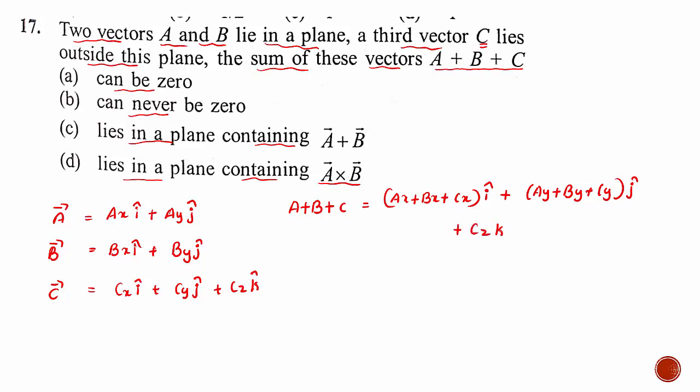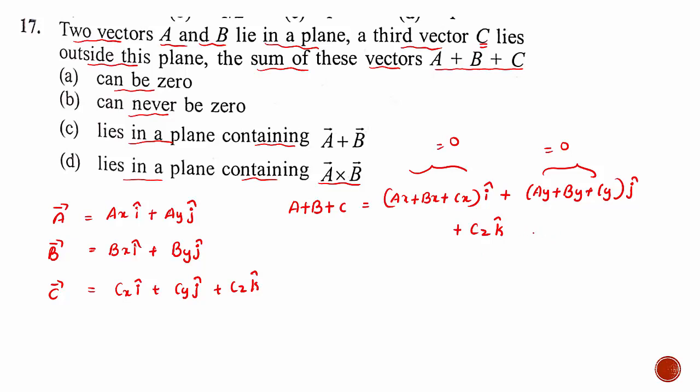Only CZ k cap. So what it indicates, we can have some values such that the value AX, BX, CX, AY, BY, CY. So these values may be equal to 0. But CZ k is lying outside the plane, so it will never be 0.